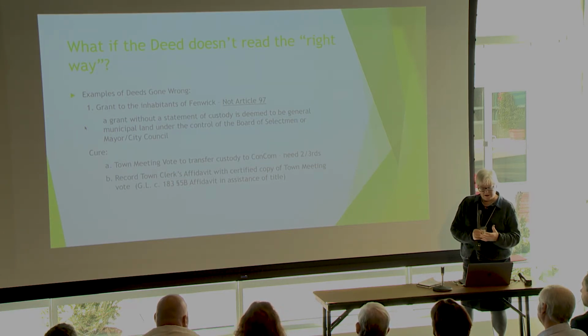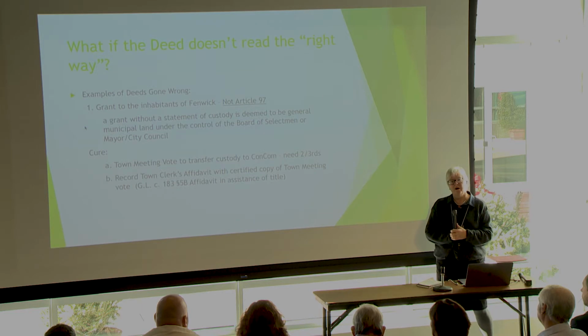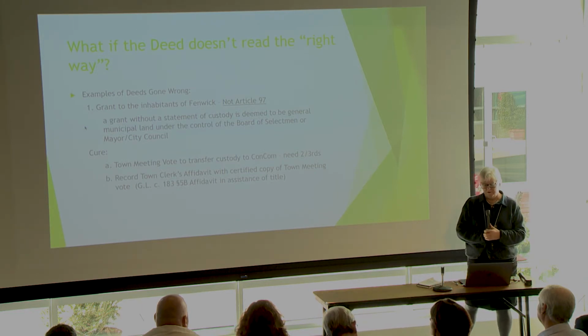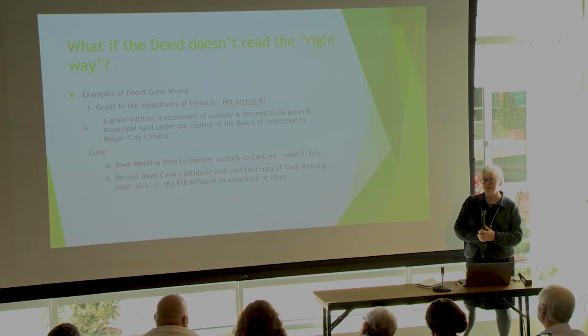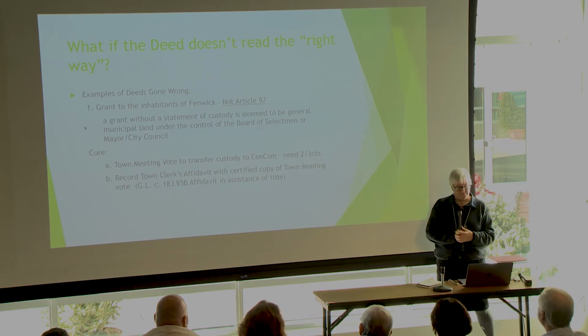And then, as I said, it's not required, but I'd probably want to do it as a good idea, is to record an affidavit from the town clerk that attaches a copy of the town meeting vote and says that this is helping to clear the title, and now I've got something on record in the chain that says, okay, this has now been moved from the selectmen for general purposes to the Conservation Commission.